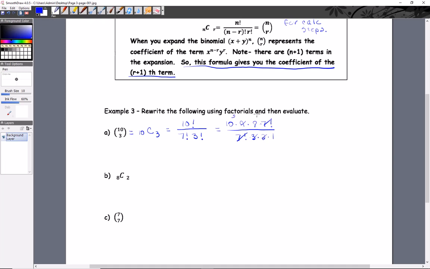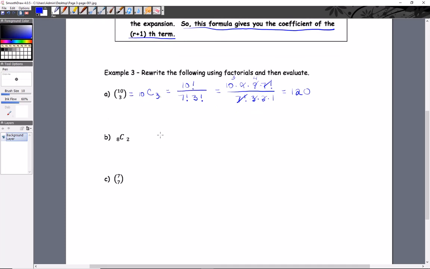Your 2 can take out your 8, leaving 4. So that should be 3 times 4 is 12, and 12 times 10 is 120. And what we're saying here is that there are 120 ways to have 10 choose 3. 10 people choose 3. Right, that's what combinations do.